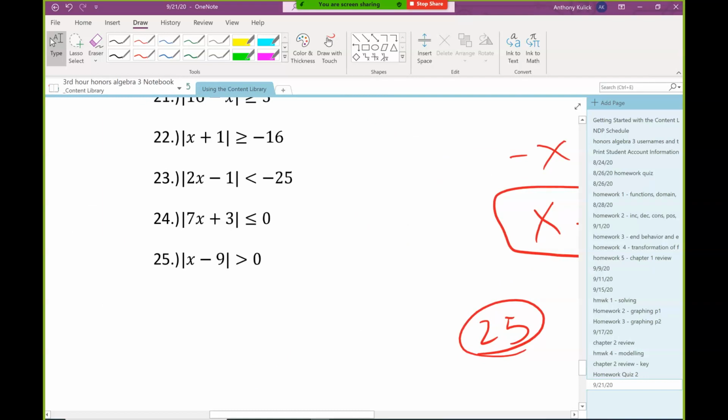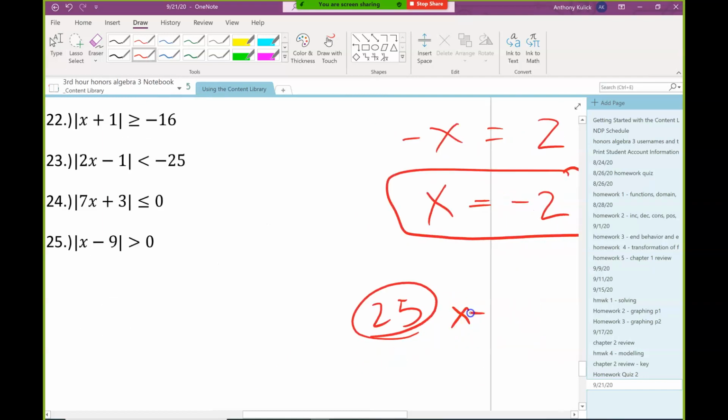None. So this is basically, or what you would have ended up writing was, oh, probably not like intervals. Probably you would have written x is less than 9 or x is greater than 9. Had you tried to solve that algebraically?